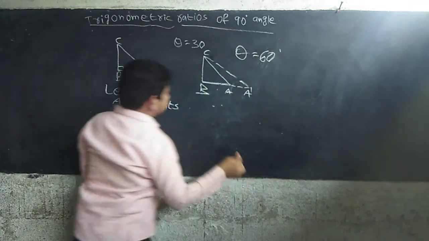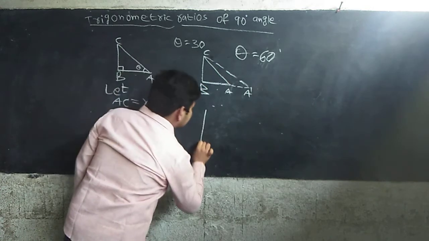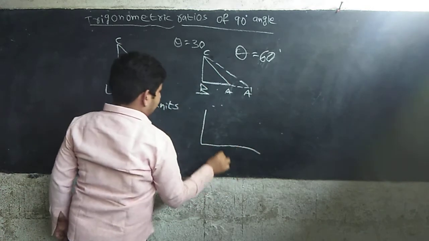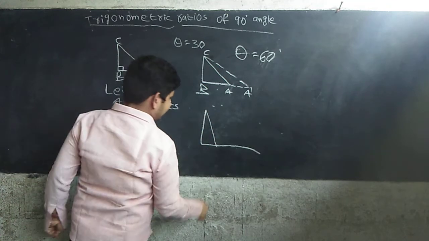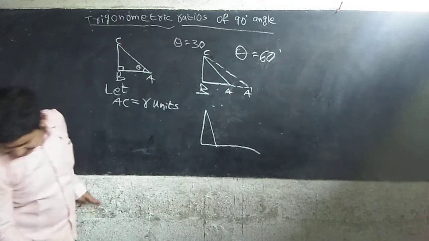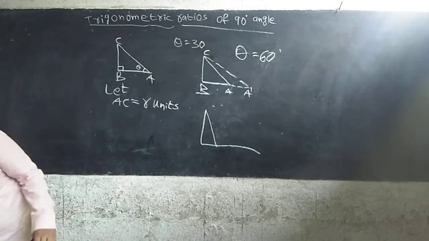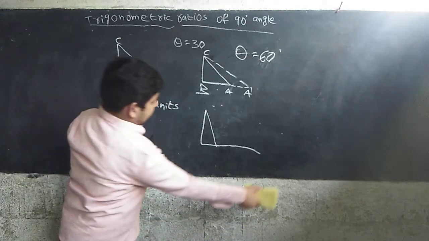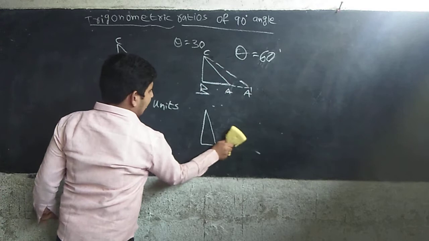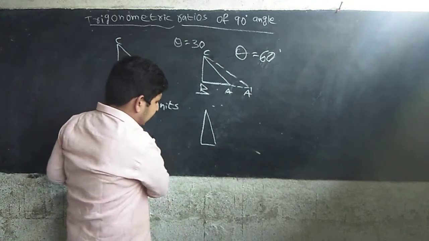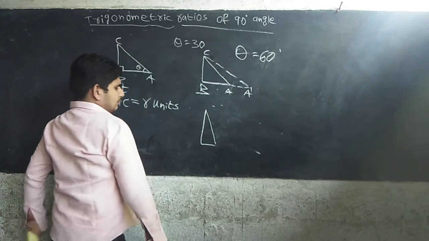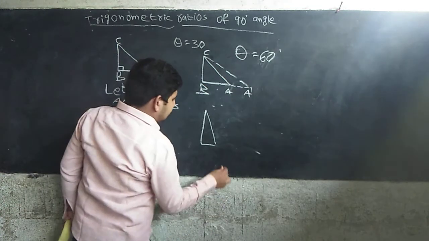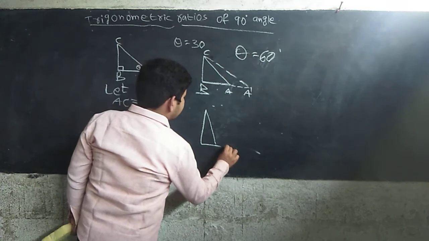Now here the angle A equal to 80 degrees. So the point moved very near to the point B.